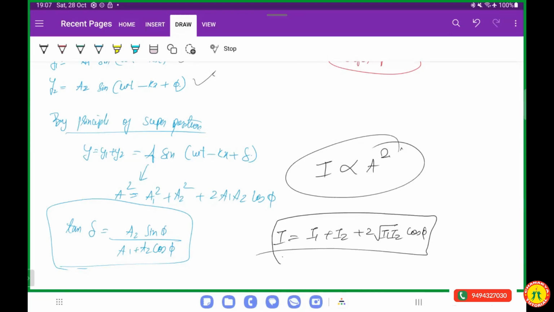And k is the wave number, 2 pi by lambda. This thing you should know. x is the displacement. And delta we can find out with tan delta equals A2 sin phi by A1 plus A2 cos phi.